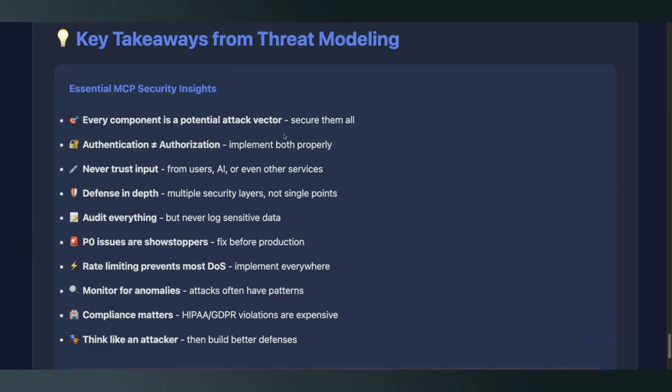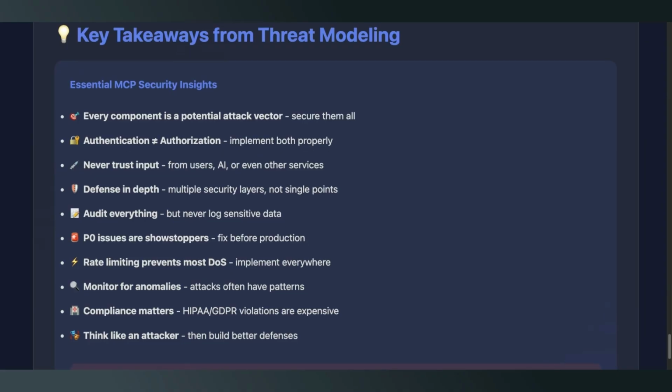And authentication is not equal to authorization. We should check both and how they are implemented, and never trust user input, and ensure our defense in depth mechanism has a layered security implementation structure, and audit everything. And P0 issues are showstoppers. Ensure these are addressed before you roll out into production.